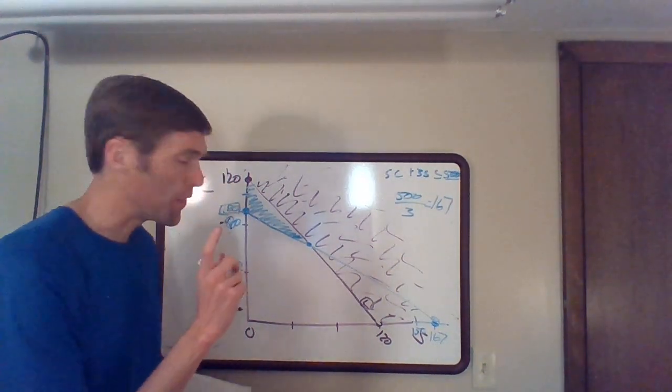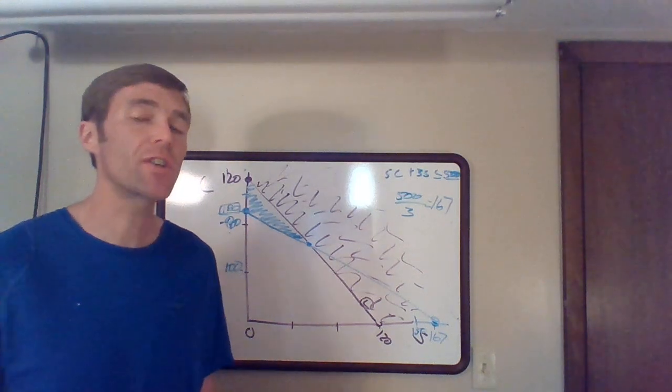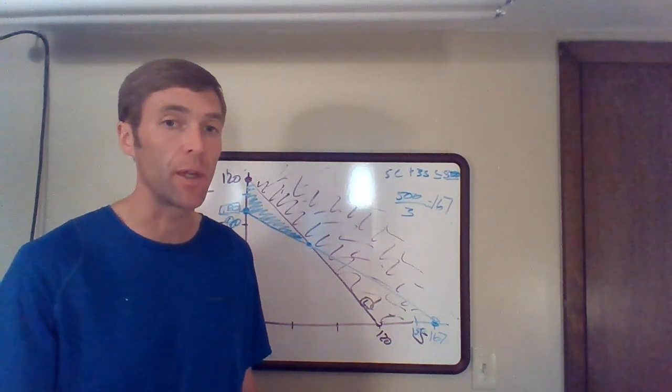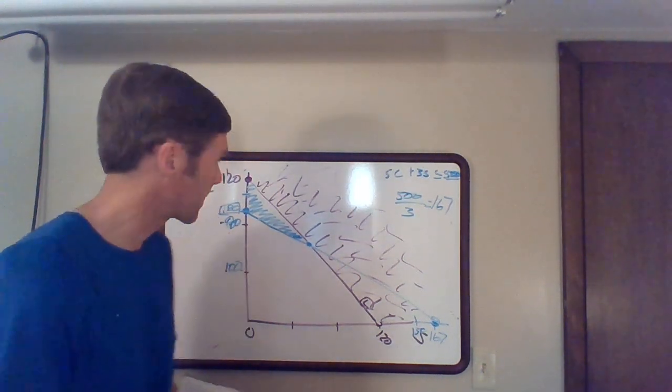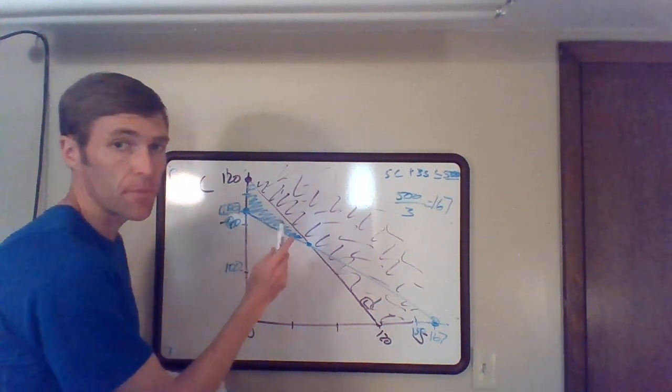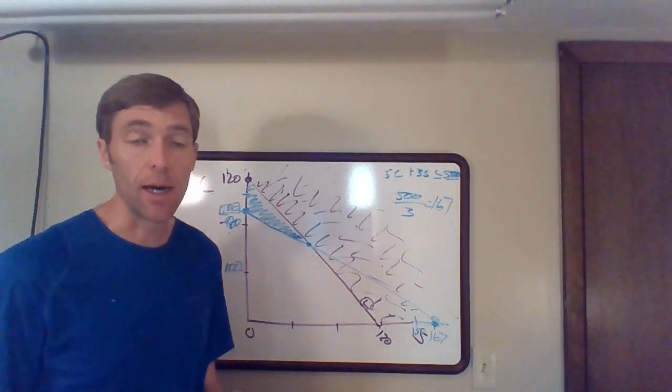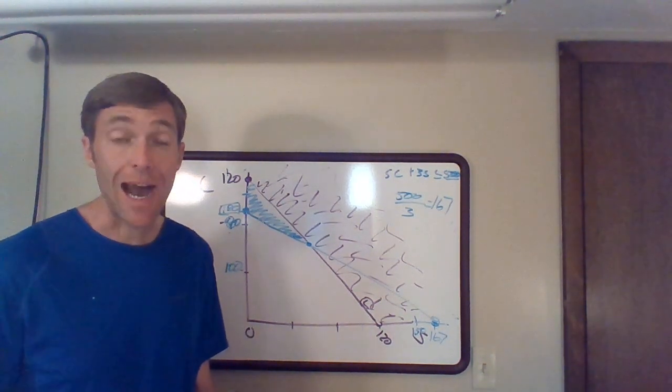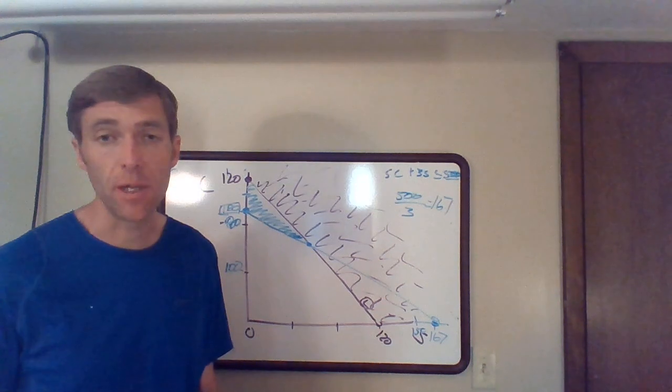You've only got enough labor to plant 100 acres. And this is the first place where we can start to understand why planting some soybeans makes some sense. As I'm moving along this curve, as I give up 5 hours of labor to plant corn, I have 5 hours of labor to plant soybeans.